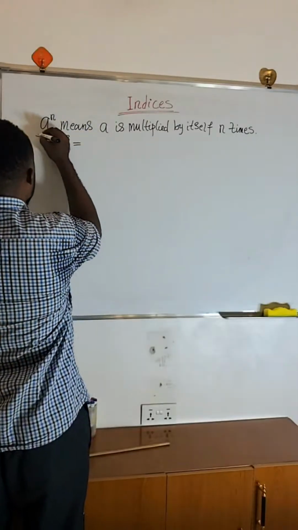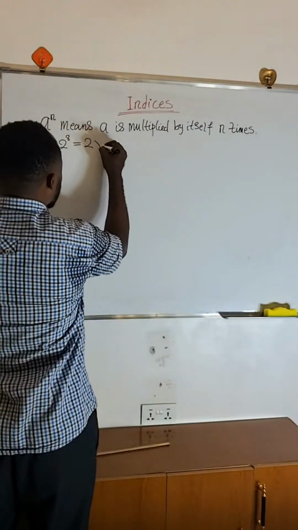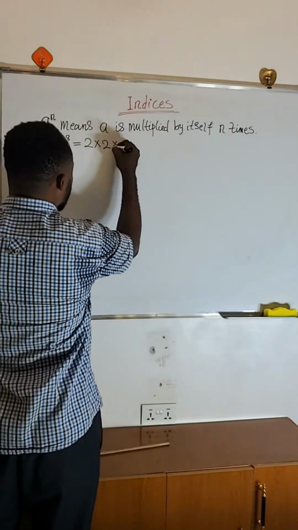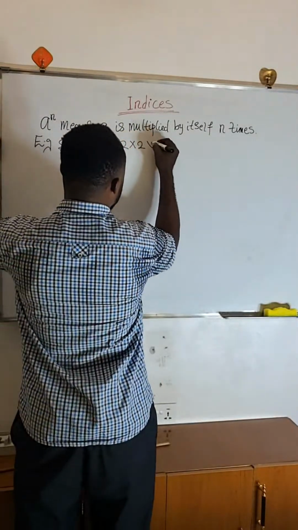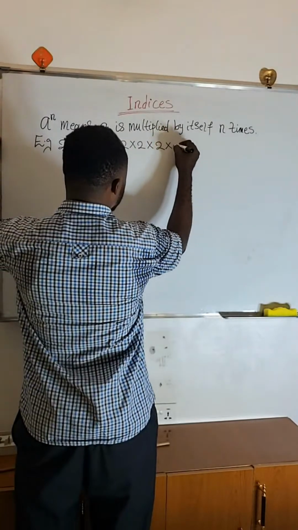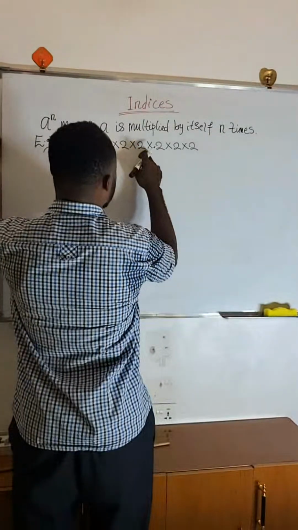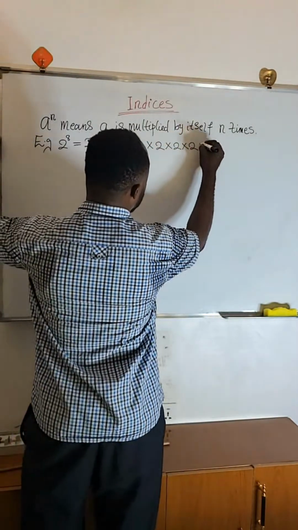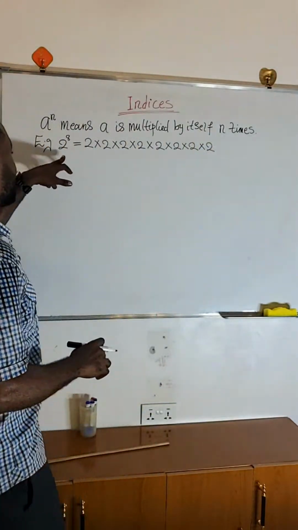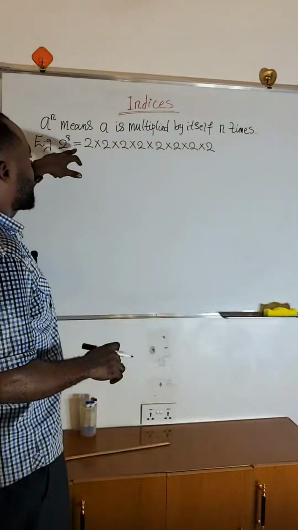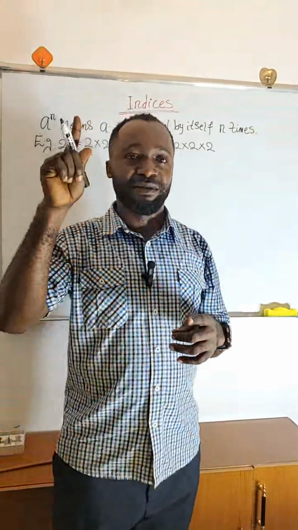So, for instance, this will be 2 times 2 times 2 times 2 times 2 times 2 times 2, 1, 2, 3, 4, 5, 6, 7 times 2. So, this simply means that 2 is multiplied by itself 8 times.